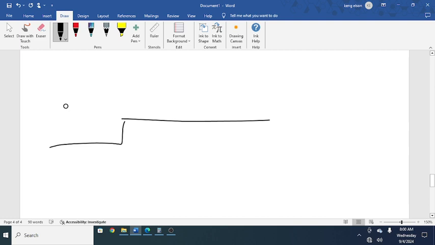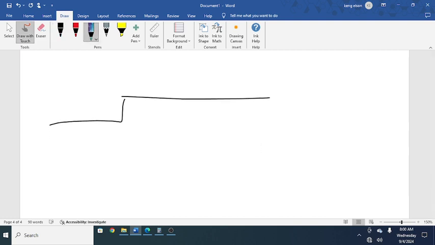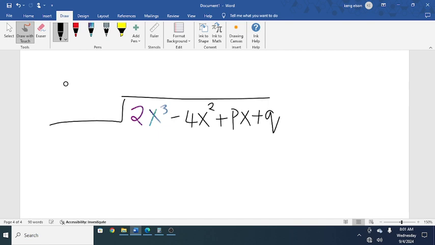So we have the polynomial 2x cubed minus 4x squared plus px plus q. Now we are dividing it by x squared plus 2.